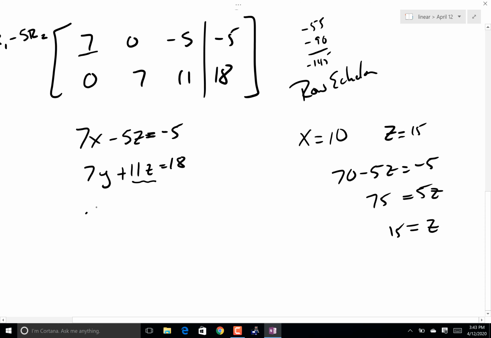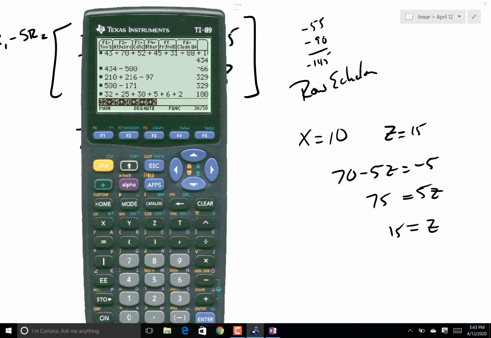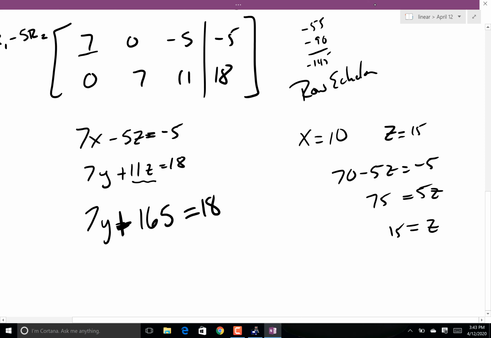But if z is 15, then we've got a mess on our hands. 11 times 15 is 165, I believe. And so 18 minus 165 is, I don't know, let's ask Betsy. Negative 147.